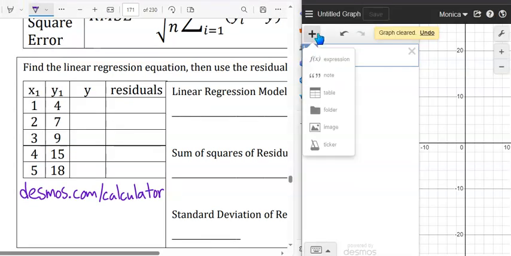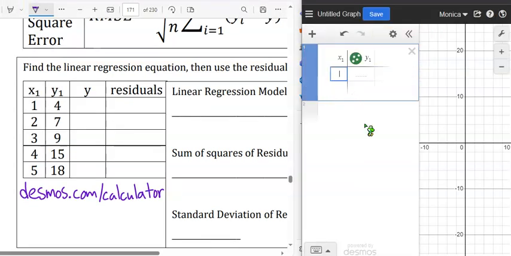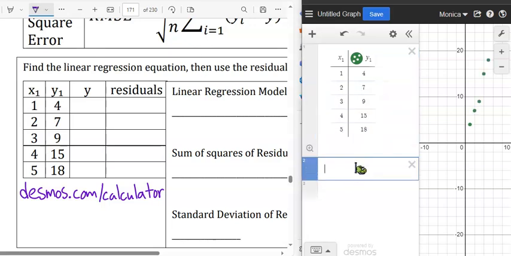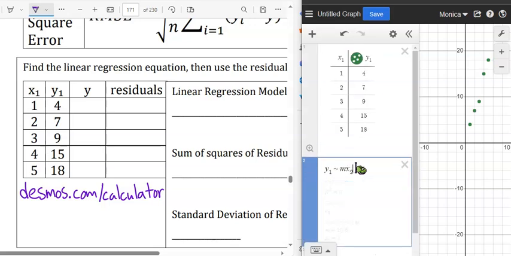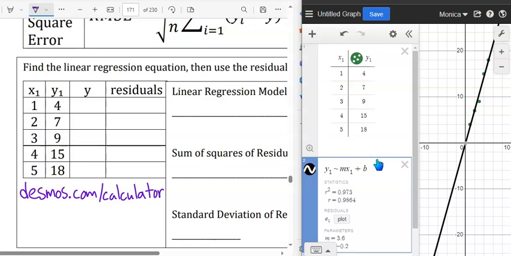We'll click the plus sign, add a table, and then type in all the x and y data points. Once we do that, click the next box underneath the table, and then we'll type y1 tilde mx1 plus b.